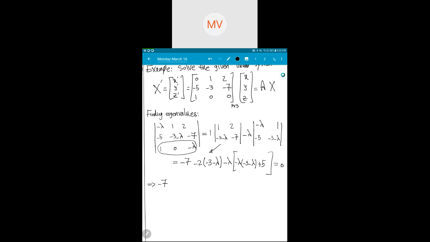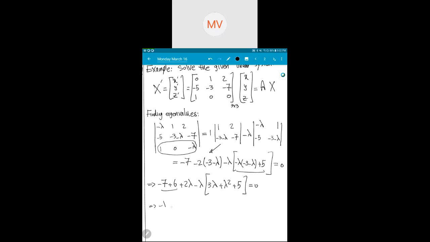All right, so we have a -7 plus 6 plus 2 lambda minus lambda. Let's simplify right there. So we get 3 lambda plus lambda square and plus 5, right? Let's distribute this lambda and we can combine these two.